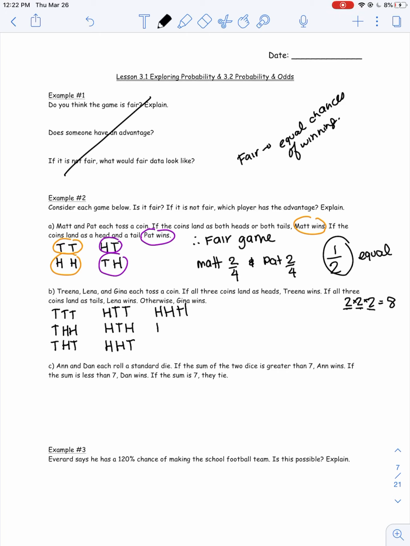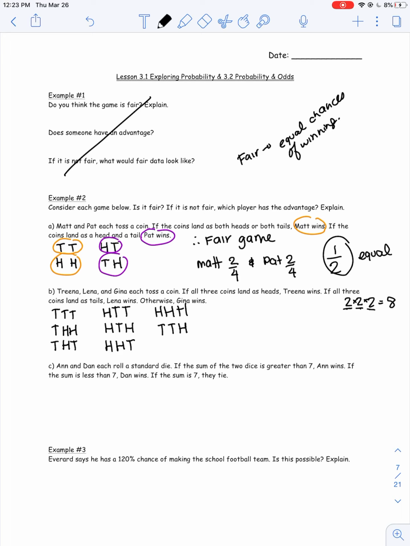How about 2 tails? I could do tails, tails, and head. So 1, 2, 3, 4, 5, 6, 7, 8. There are my 8 outcomes. I was trying to find all 8 outcomes, and those are them.